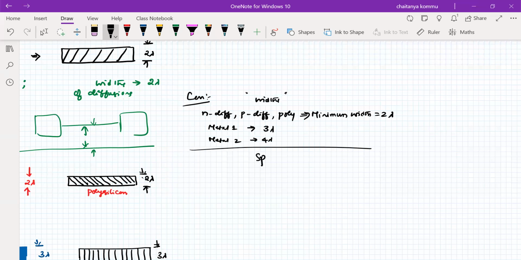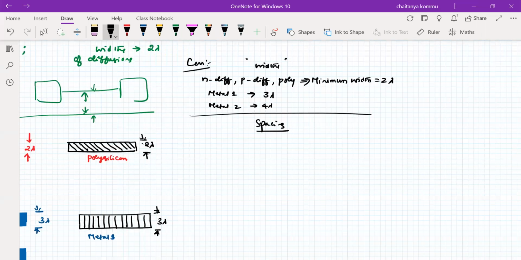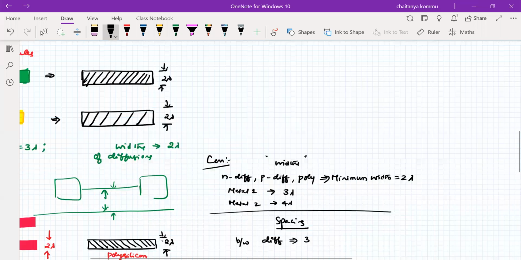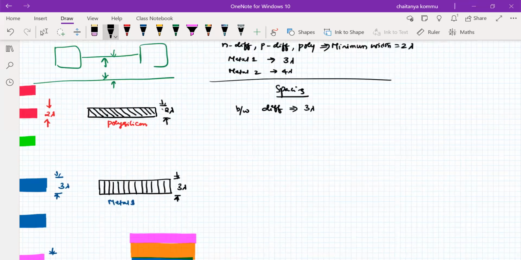What about the spacing? So between diffusions, we have to maintain 3 lambda. Between diffusion to poly, we have to maintain 1 lambda.